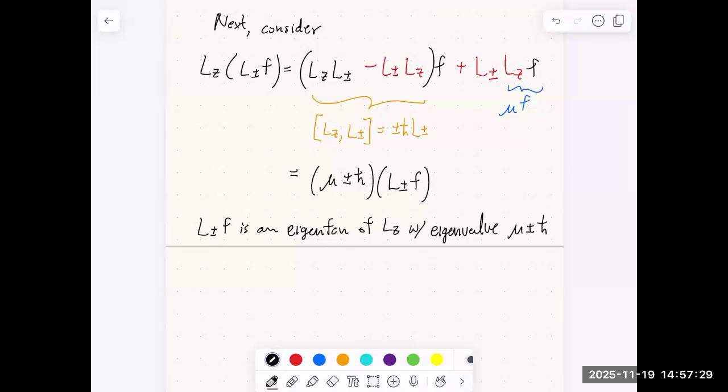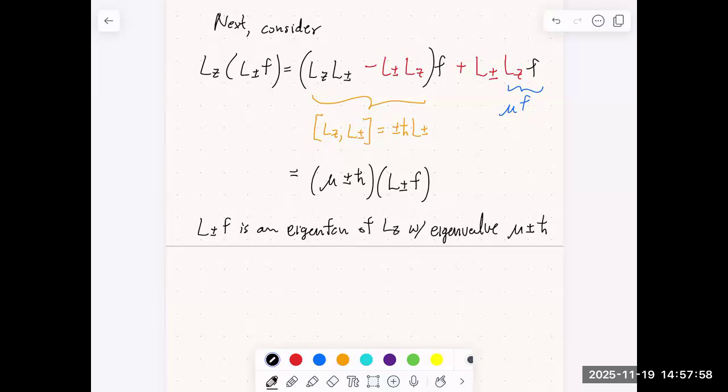For the harmonic oscillator, acting with A plus increases the energy by h bar omega, and A minus decreases the energy by h bar omega. So now L plus acting on f is going to increase the z component of the angular momentum by h bar, right?